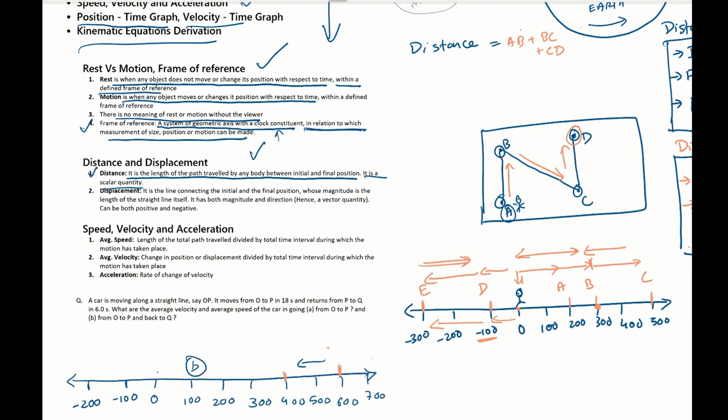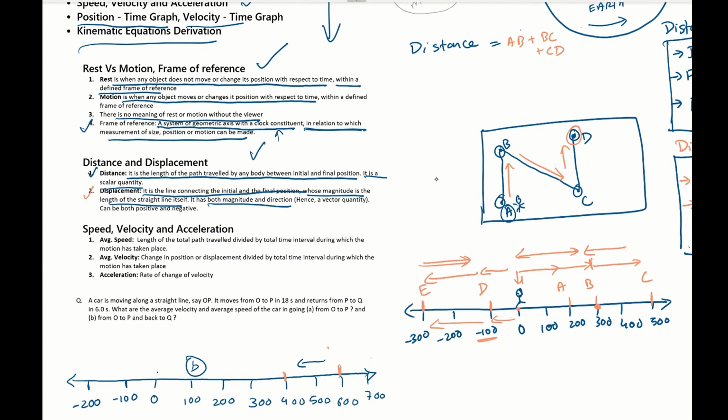Now, what do we mean by displacement? Displacement is the shortest path that could have been traveled by this person. The way we define displacement is that it is the line connecting the initial and the final position, whose magnitude is the length of the straight line itself. It has both magnitude and direction.